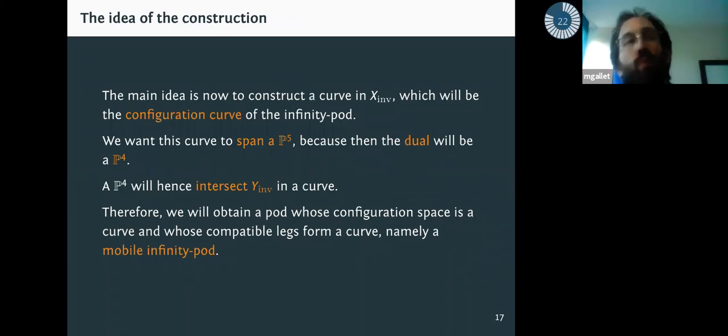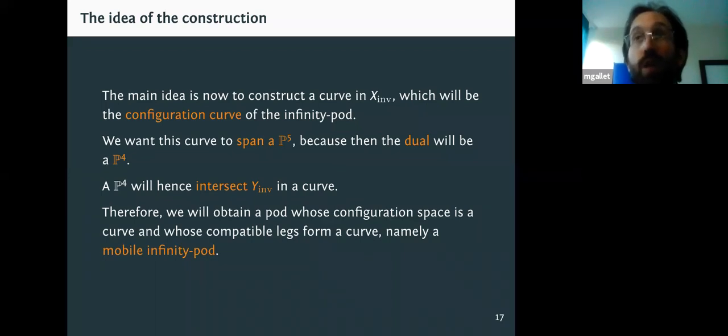Okay, so what is the main idea of our construction? The main idea is that we start from the configuration curve this time. So before we started from the 5 legs, right, of the pentapod. In this case, we start with the configuration curve, and it will be a curve in X-inv, and we will construct it so that it spans a P5. Why?